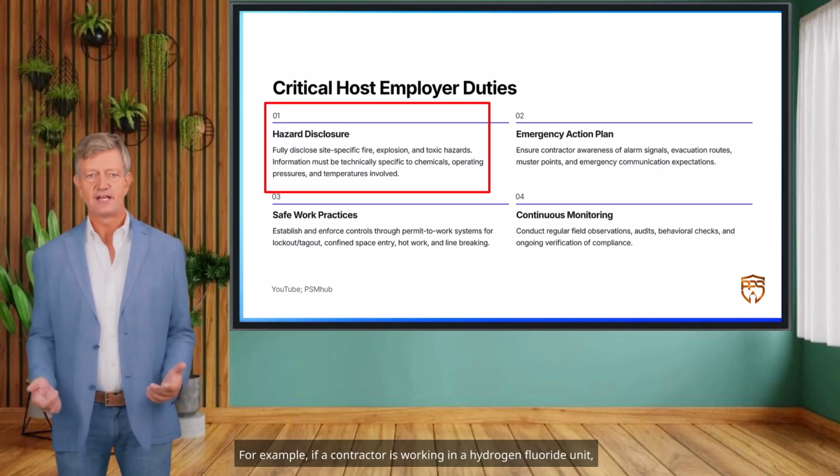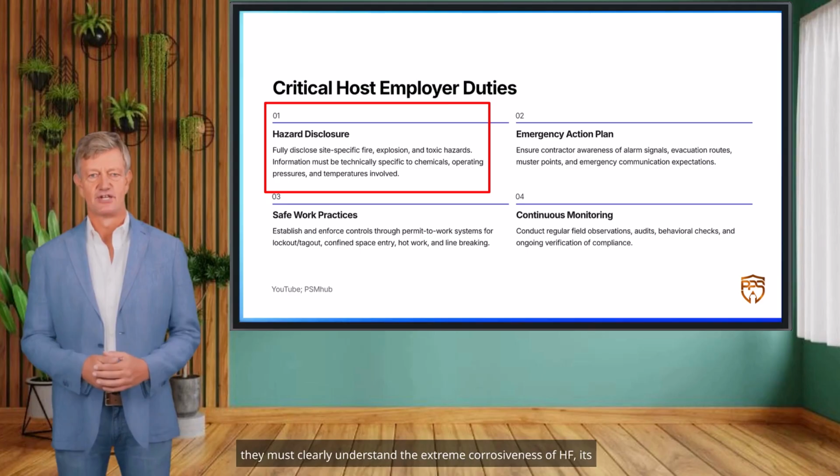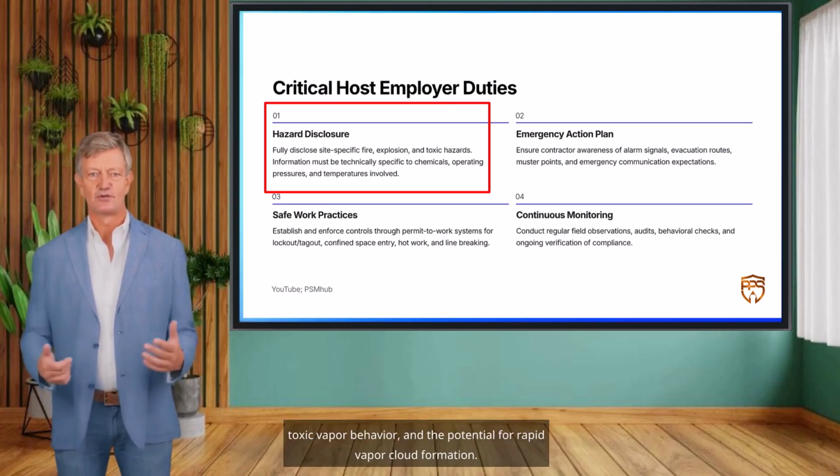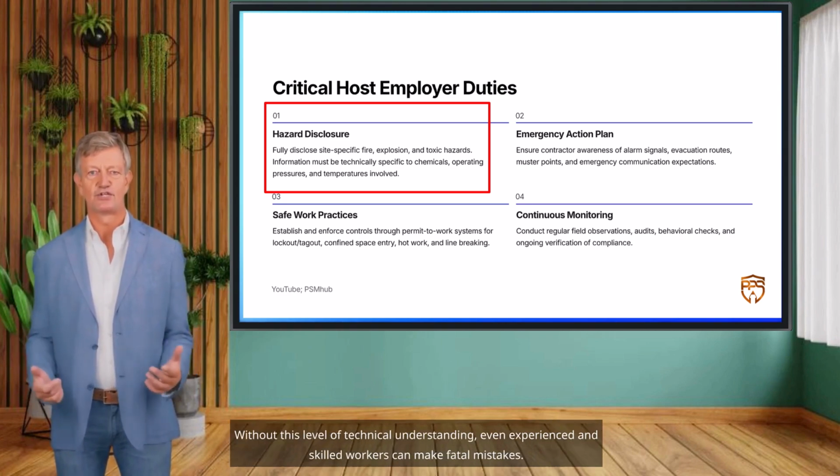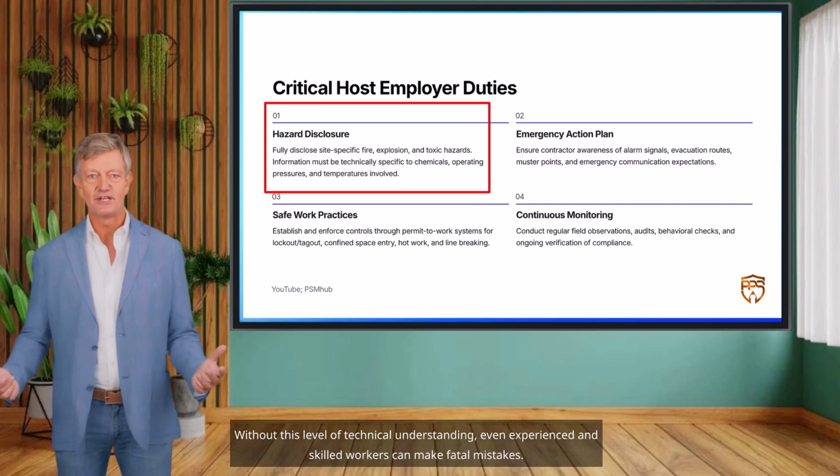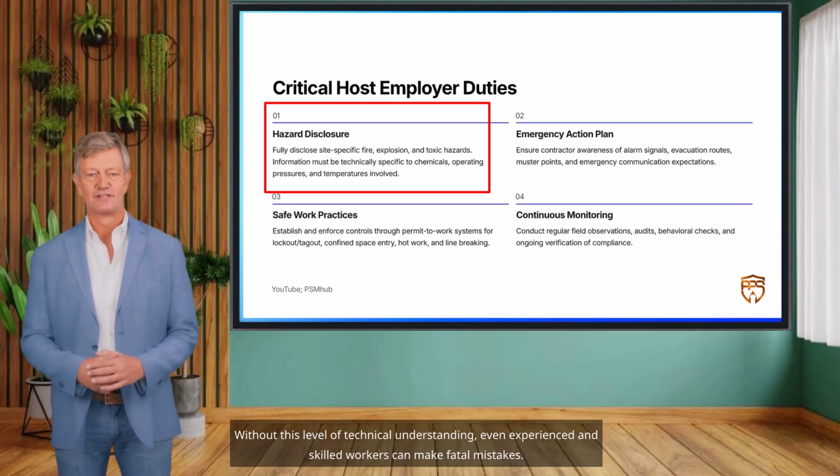For example, if a contractor is working in a hydrogen fluoride unit, they must clearly understand the extreme corrosiveness of HF, its toxic vapor behavior, and the potential for rapid vapor cloud formation. Without this level of technical understanding, even experienced and skilled workers can make fatal mistakes.